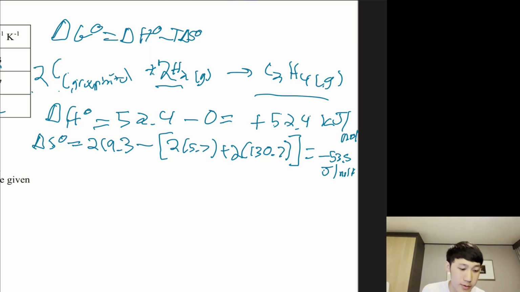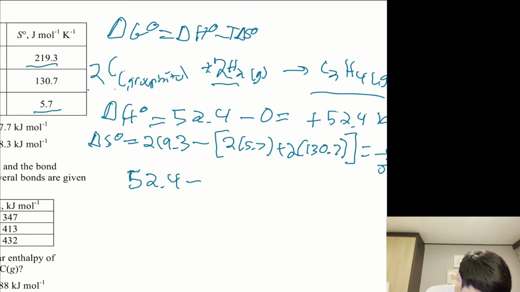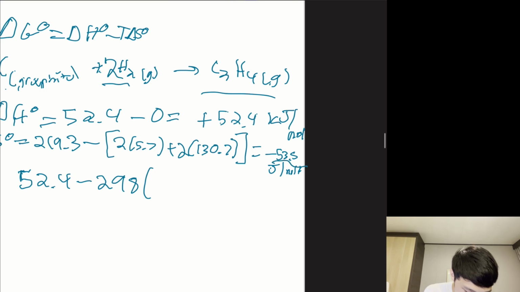So when we do delta G naught, we're going to do it in kilojoules. So delta G naught equals delta H naught minus T delta S. So that's 52.4 minus T, which in the problem they tell us is 25 Celsius, which is 298 Kelvin, times delta S. And again, we're working in kilojoules, so we have to divide this value by 1,000.